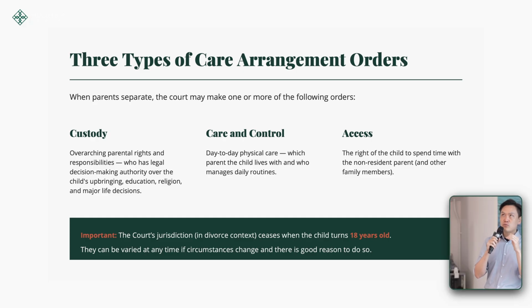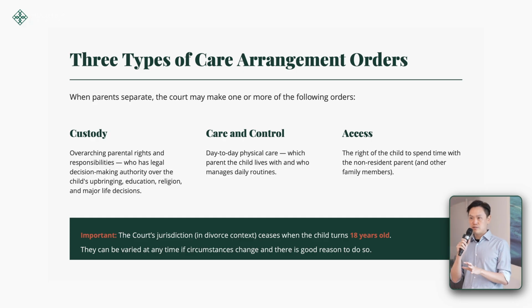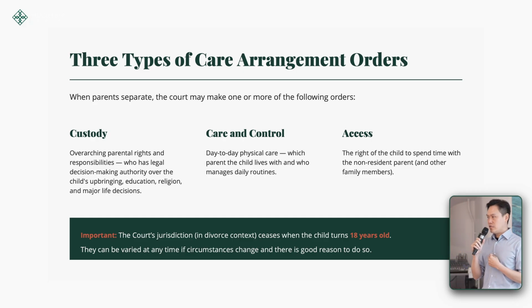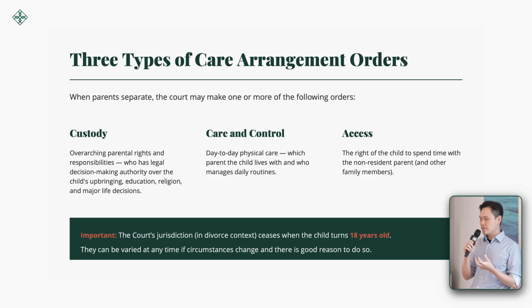There is no fixed way as to how the courts make the arrangements. There can be all sorts of arrangements. The court has unfettered discretion as to how to make care arrangements and access.